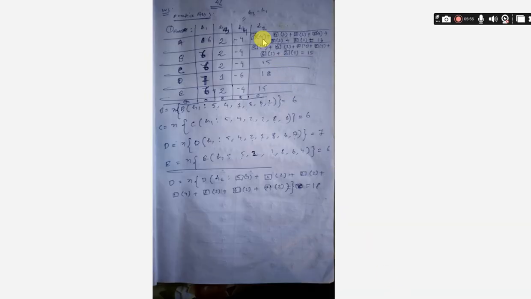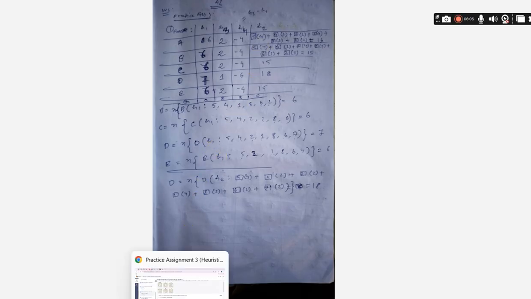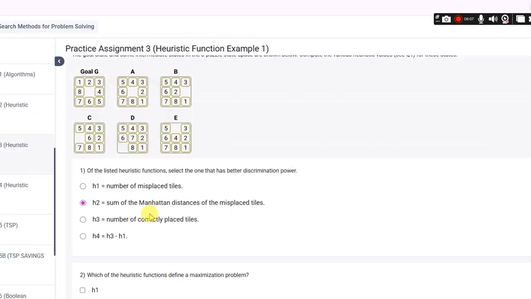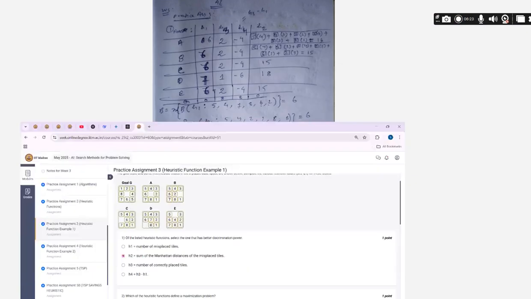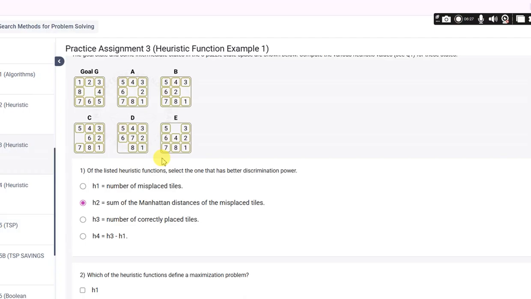For 5, I mean the distance to where it should be in the correct position, from 5 in A's position to 5 in the goal state's position, there will be 4.